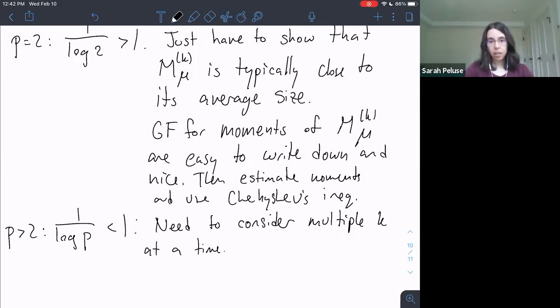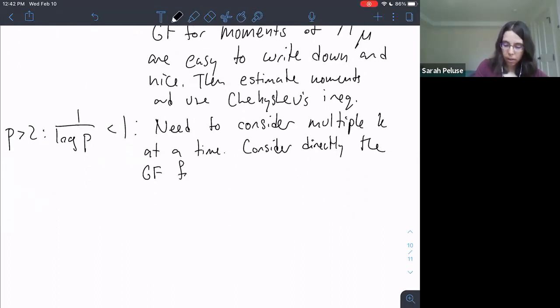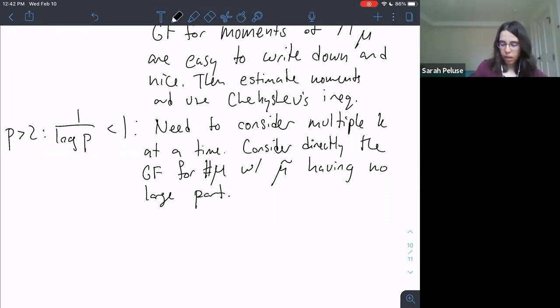To go past this, Sound and I consider directly the generating function for the number of partitions mu with mu tilde having no large part. You can write this down. Let's call it F_Q.